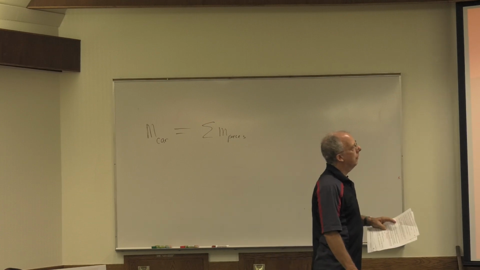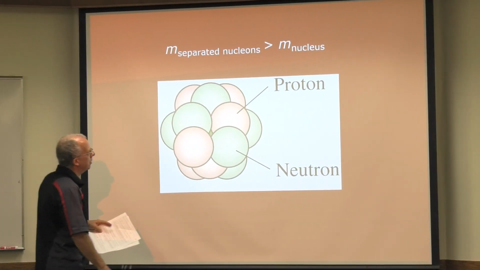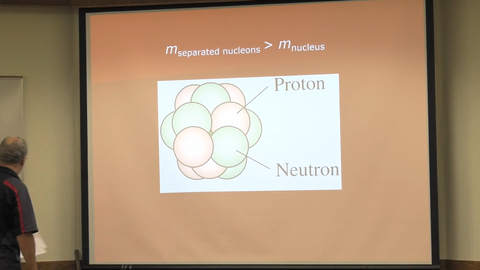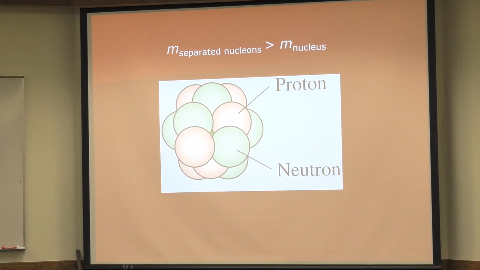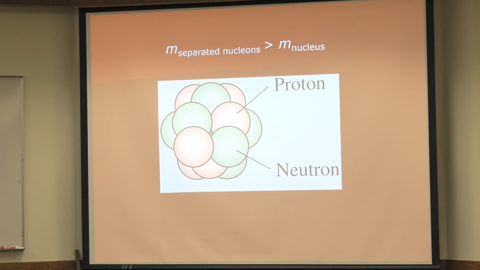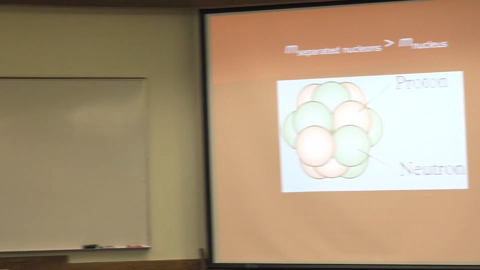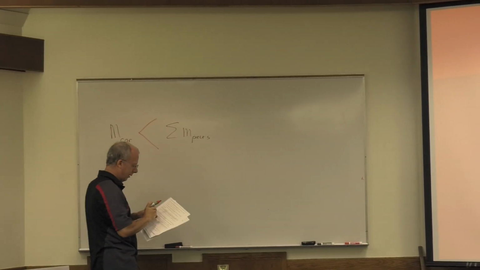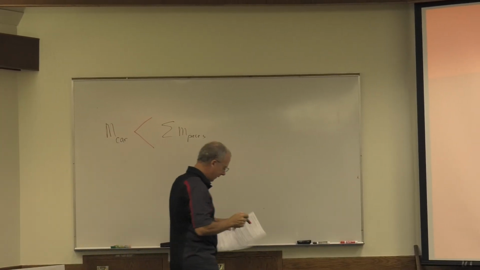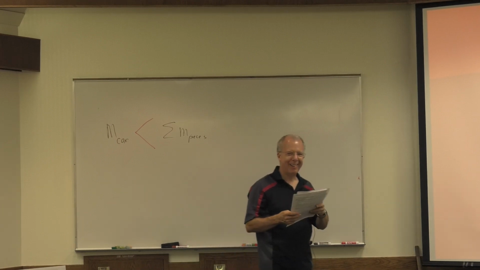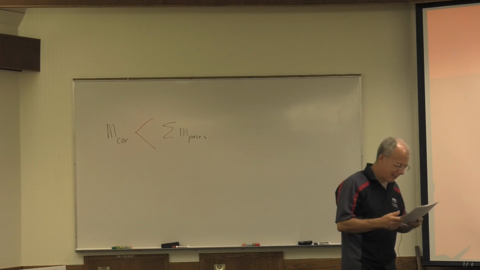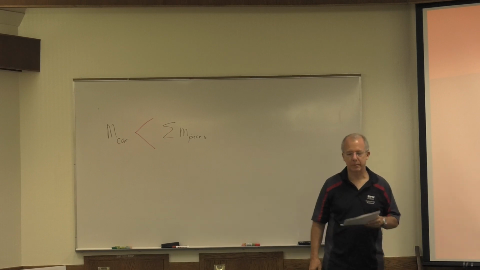The mass of the separated nucleons is greater than the mass of the nucleus. That's like saying that the mass of the pieces is greater than the mass of the car. That's weird, right? That's weird. How do you explain that?